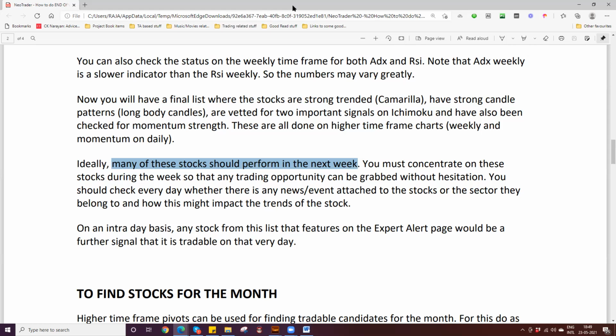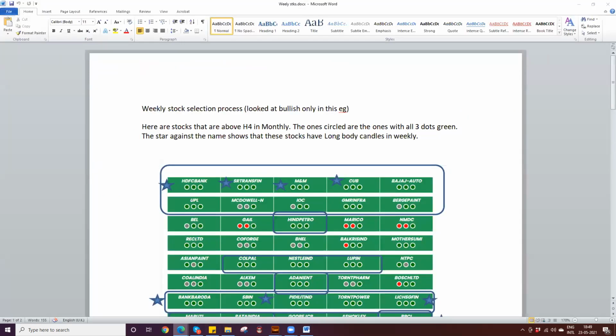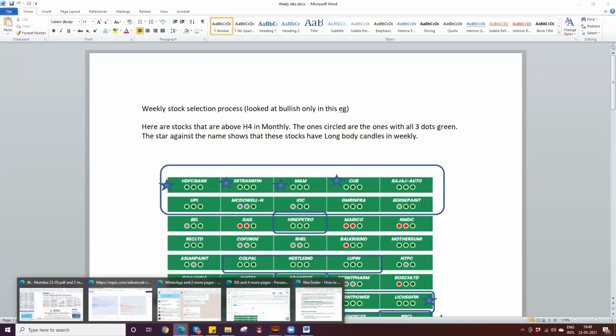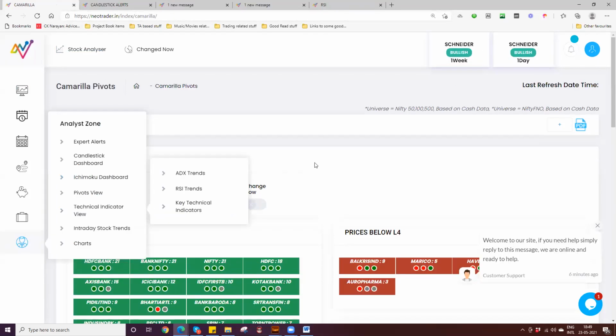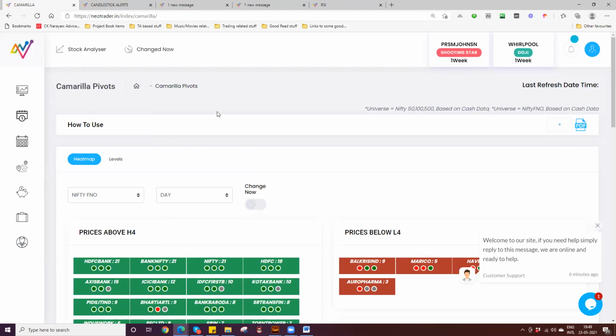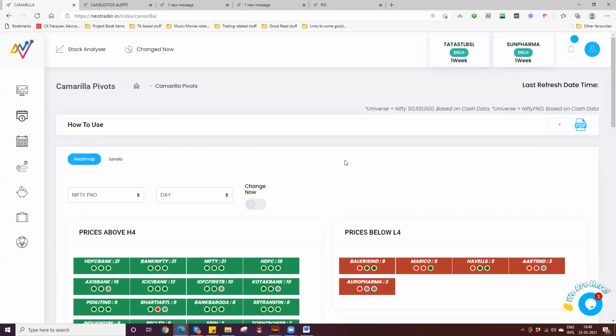Now, the pages you will look at as far as these features are concerned: number one, you will start with the Camarilla page, right? Camarilla pivots is what you will start with. And in the Camarilla page, you will have the setting as monthly, right?